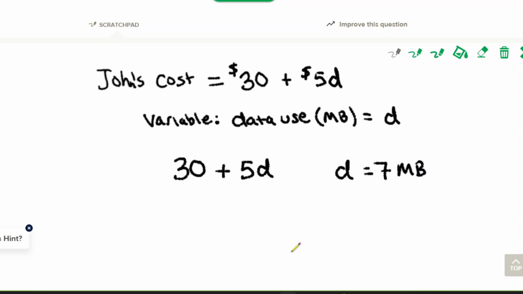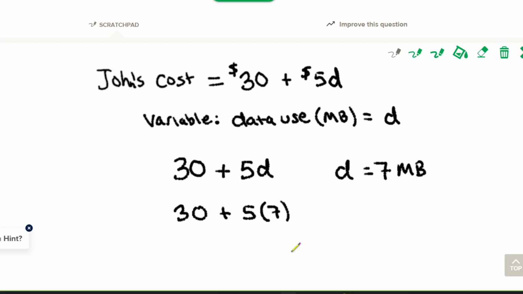And now it becomes just like the first 4 examples I did. I take the expression I've set up for John's data plan cost in a month and substitute the value of 7 megabytes, or just 7, for D. So we have $30 plus $5 apiece for each of those 7 megabytes.